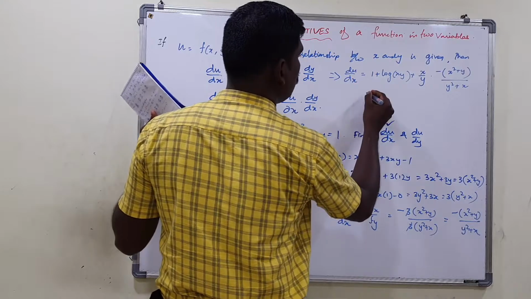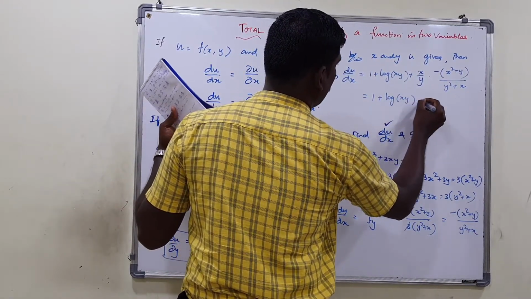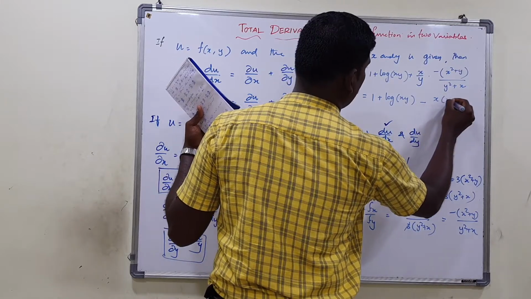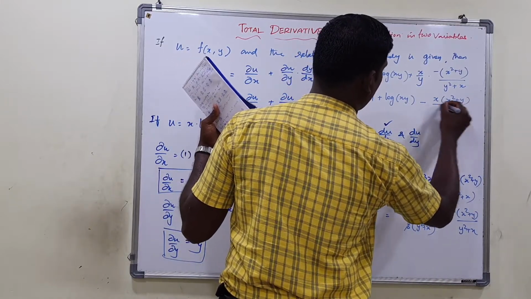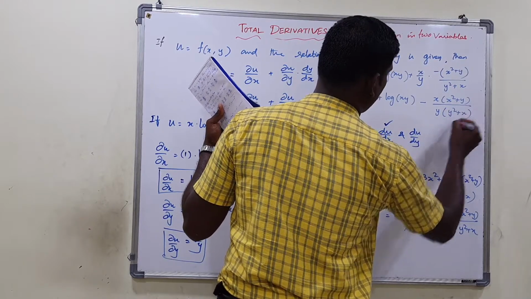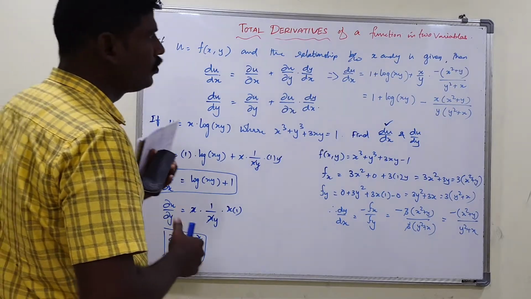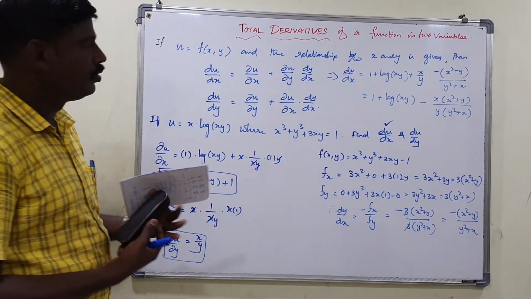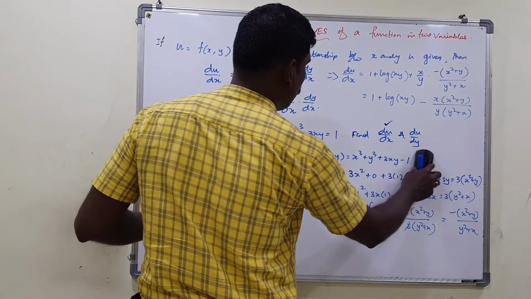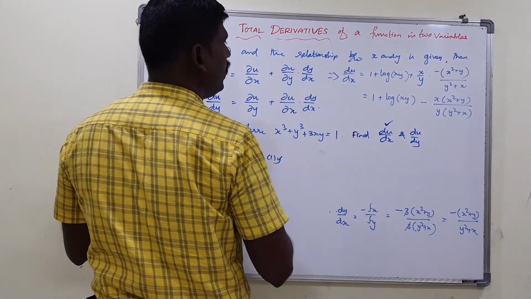So this can be rewritten as 1 plus log xy minus x into x square plus y by y into y square plus x. This is the value of du by dx.